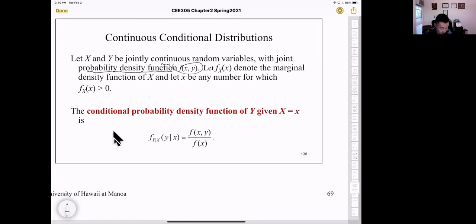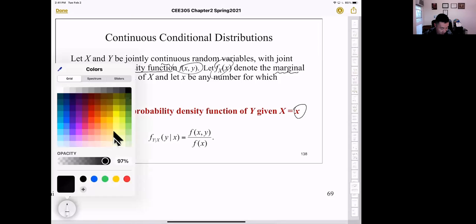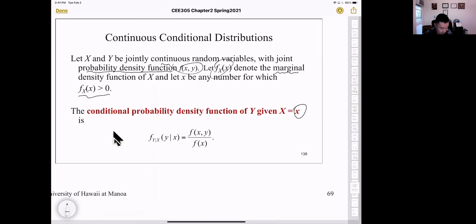F_X is the marginal density function of X, and this is the conditional probability density function of Y given X equal to a certain value of small x. Again, this is given: the probability of Y when X is fixed at a certain value of x. It is equal to this.